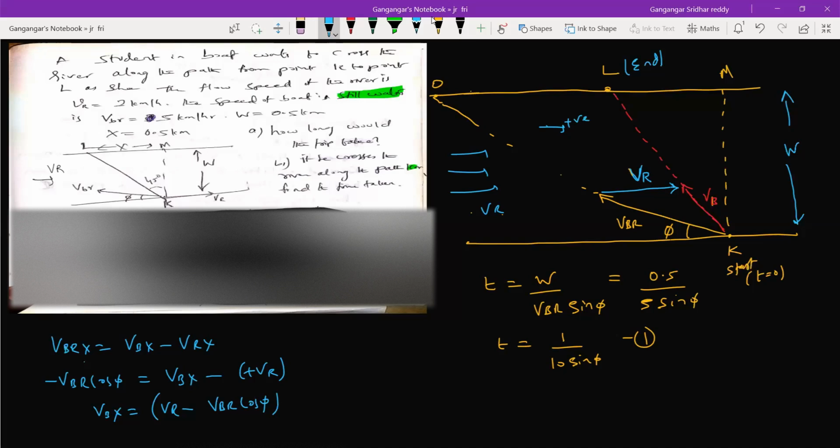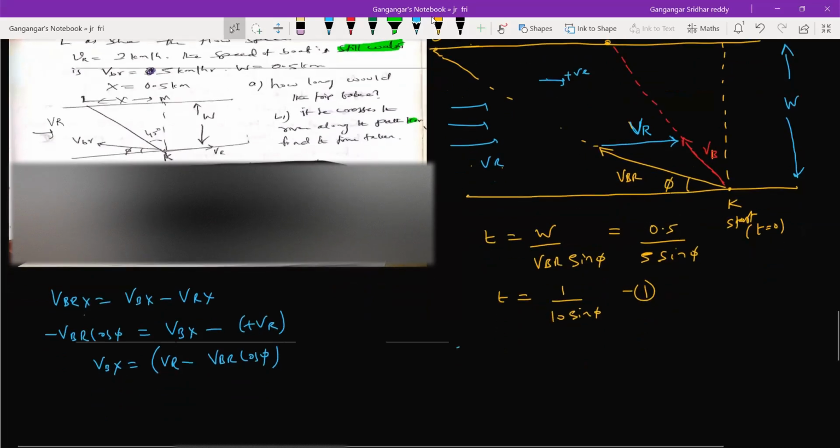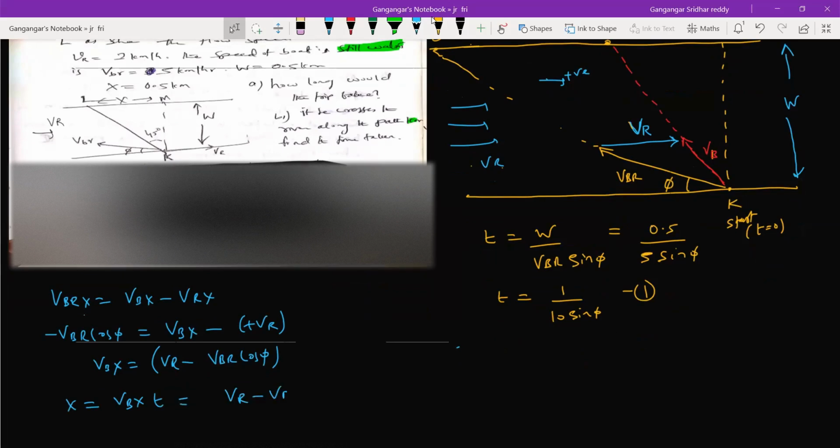Now we'll determine the drift. The drift depends on VBx, no? So write the formula now. X is equal to VBx into T. So this is VR minus VBR cos phi.